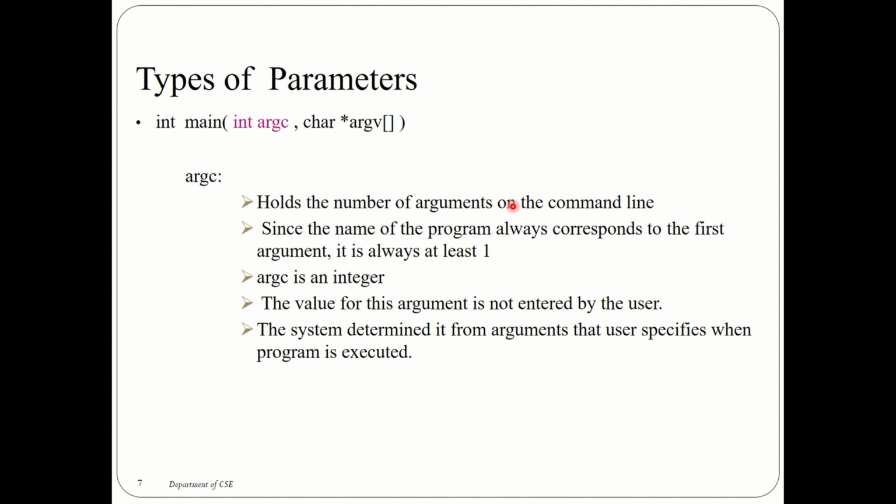I have written all my program in sample.c. While compiling, I will write cc sample.c. Now I need to execute it. How will I execute it? I will execute it as ./a.out.